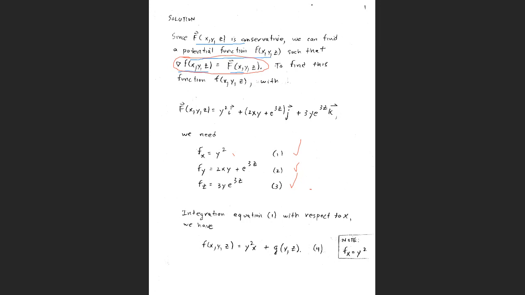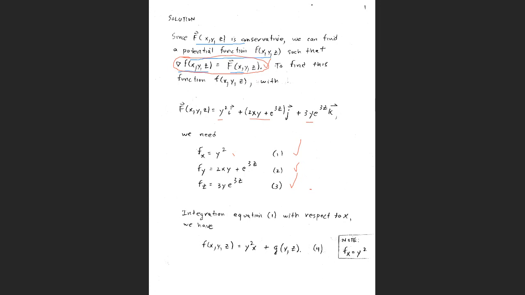All right. So again, the potential function is a function whose gradient is equal to the vector field. And so we set each component, the I, J, and K vector components of the vector field, equal to the partial derivatives of f, respectively.